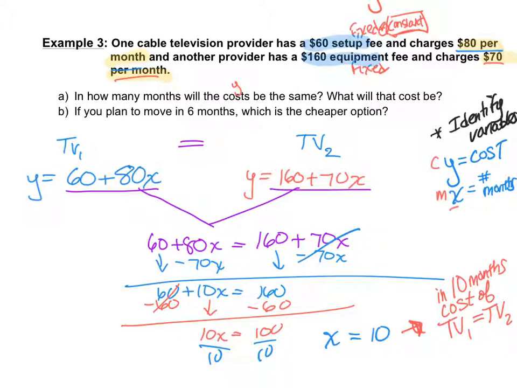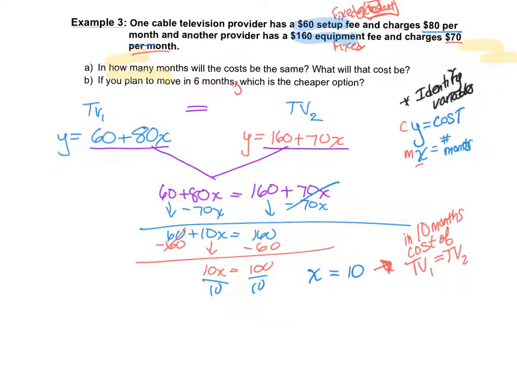Part B. Okay, so that was part A. We just answered part A. Part B says, if you plan to move in 6 months, which is the cheaper option? Well, the months that they're discussing is X. So they want to know, let's see, what is the cost going to be, this is part B, for TV company number 1, if I move in 6 months?